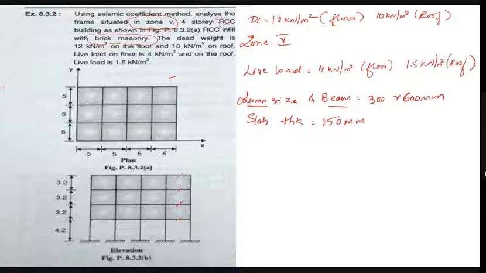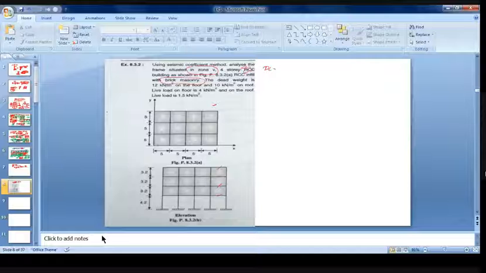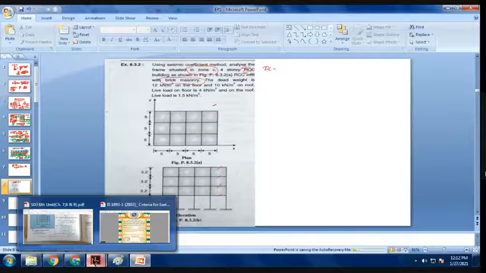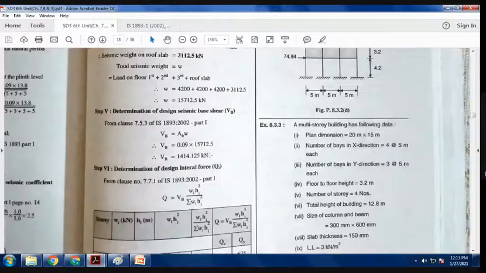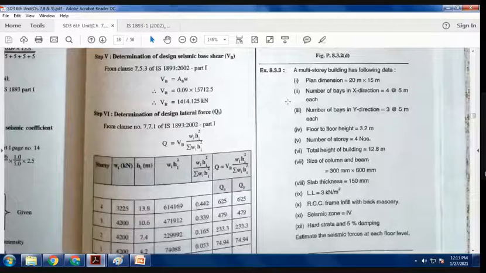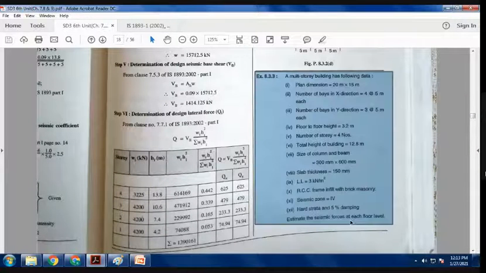One second, hold on. Better we will take this one.